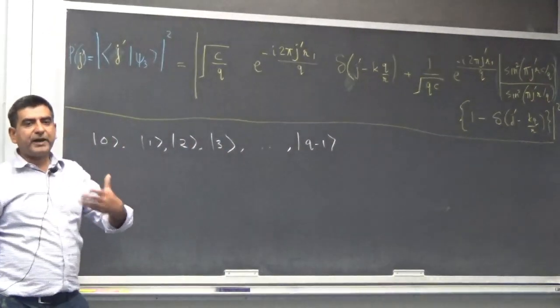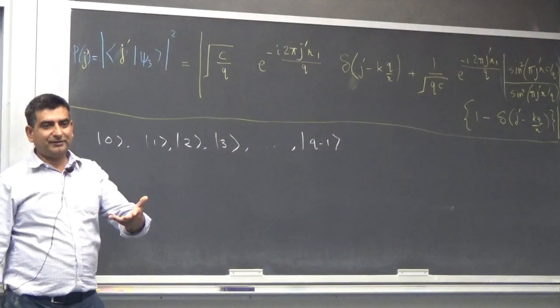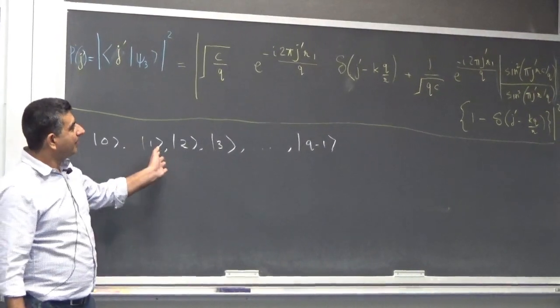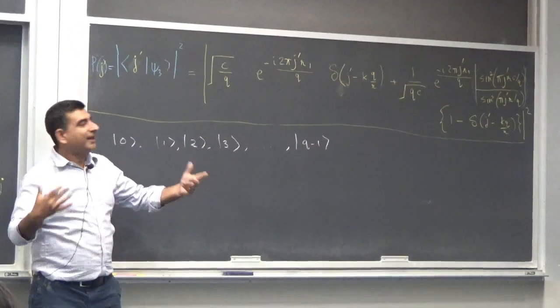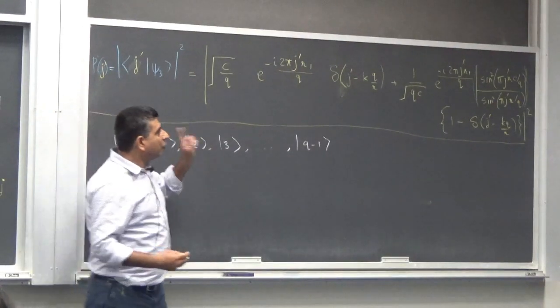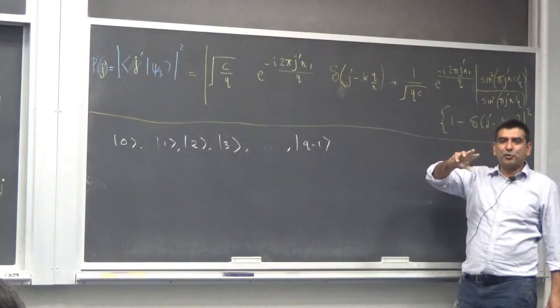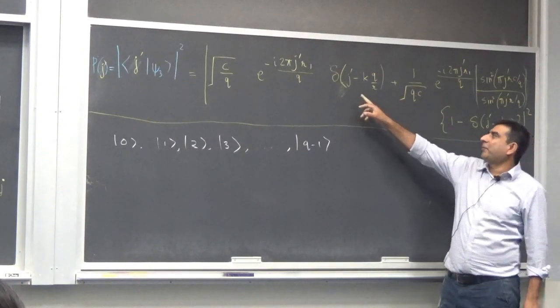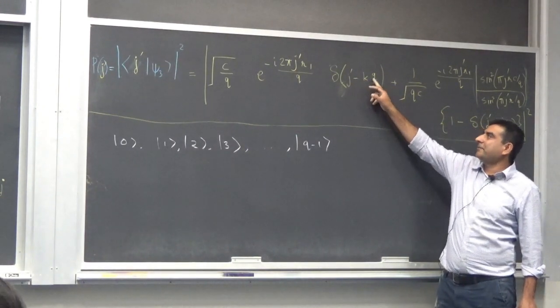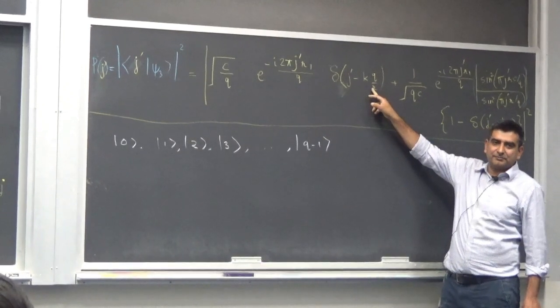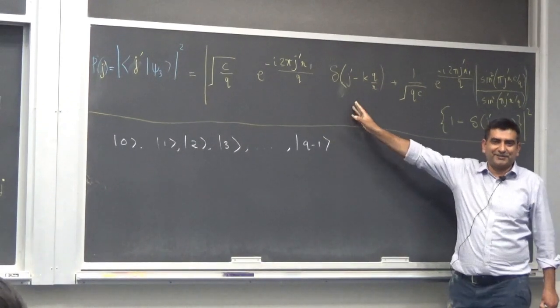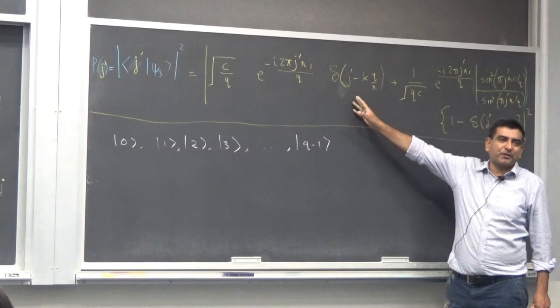So you want to find out the probability of which j prime lights up, and only those j primes will light up where this j prime is some multiple of q over r. Right? So let's plot what this probability distribution looks like.